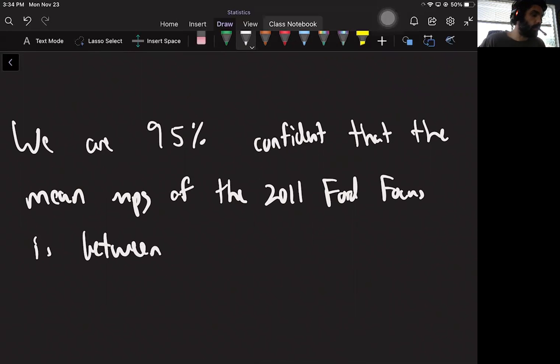It's in this interval. It's 35.244 and 38.356.